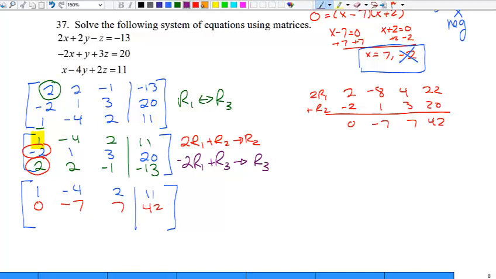So if you like to do it that way, go ahead and do it that way. I'll do the other one in the other direction. We can also do it horizontally. So we have -2 row 1 plus row 3. Row 1 is 1, -4, 2, and 11, and row 3 is 2, 2, -1, -13.